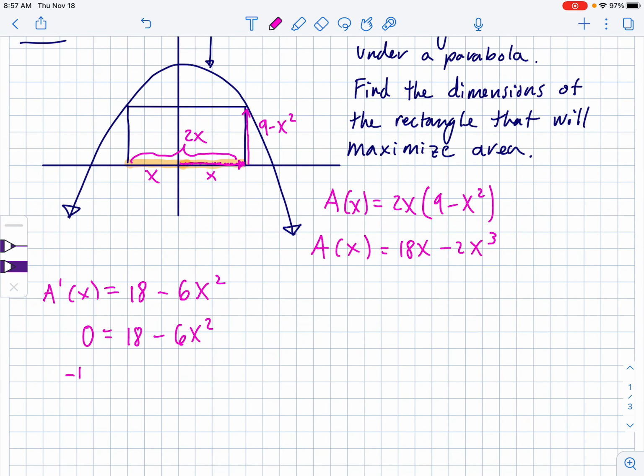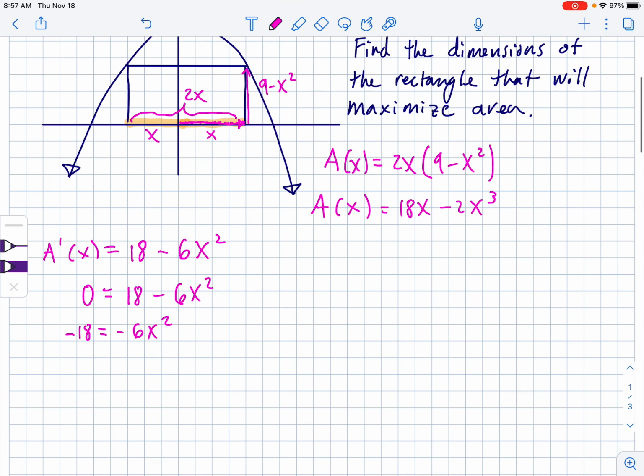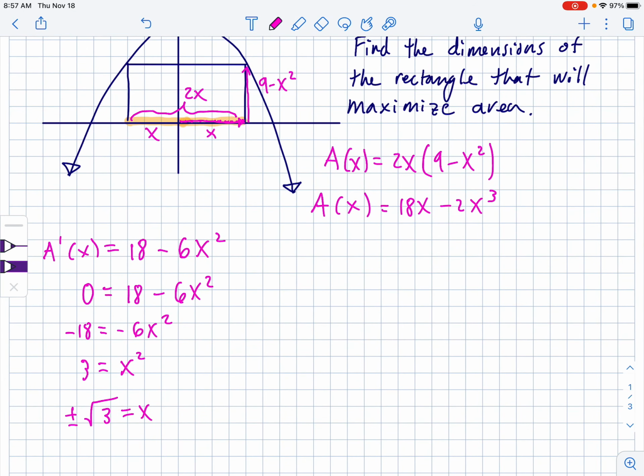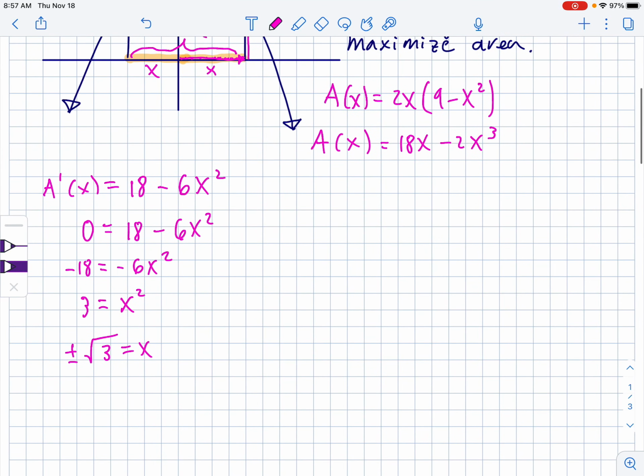Subtract 18 from both sides. Divide by negative 6. We get 3 is equal to x squared. Then take the square root of that, and we get plus or minus the square root of 3 is equal to x. Now, because x was just a distance to the right, I can toss out the negative and say that the square root of 3 is the x value.